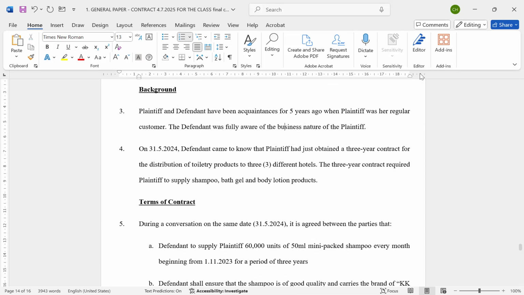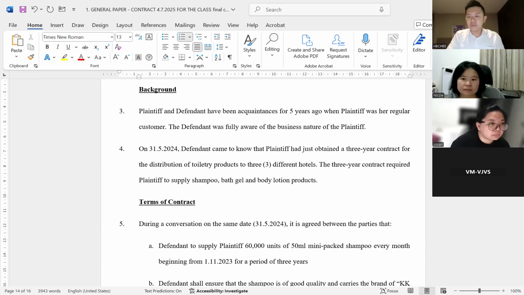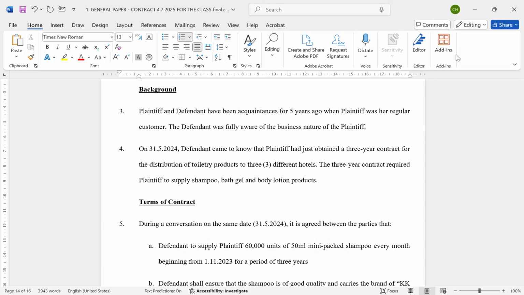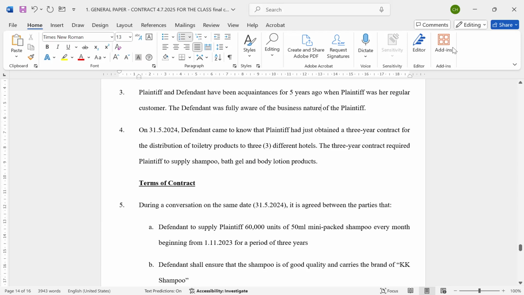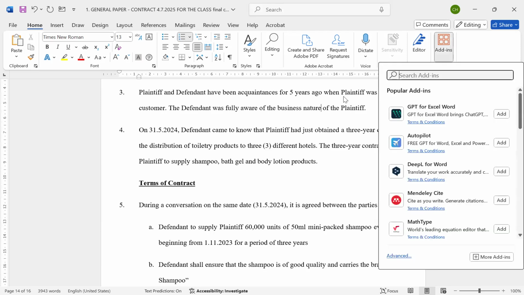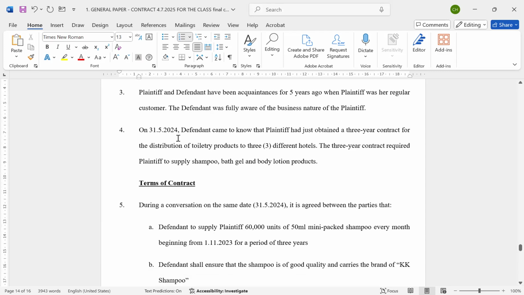This is so I reserve a chance to claim for reputational and also the so-called other unassociated business loss. I reserve myself already. So be a bit comprehensive in drafting the statement of claim. So what happened on 31st of May 2024?